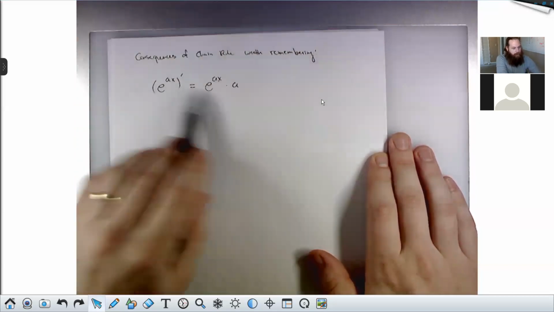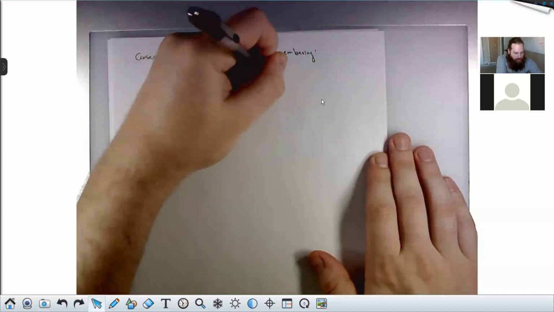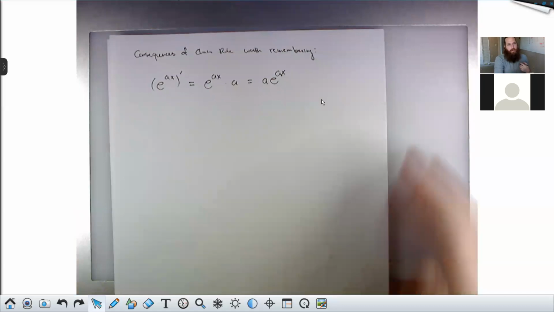So in other words, the derivative of e to the ax is a e to the ax for any constant a.